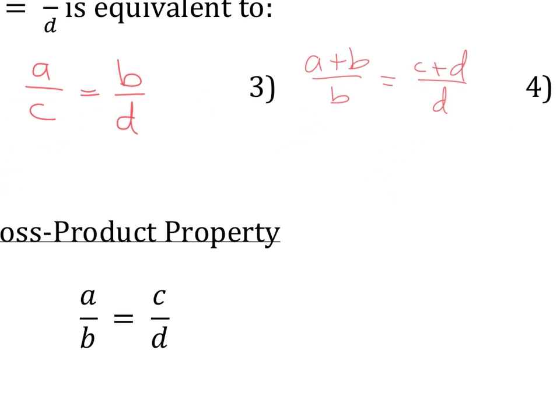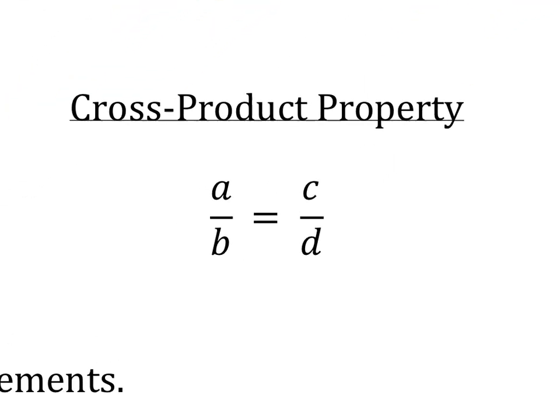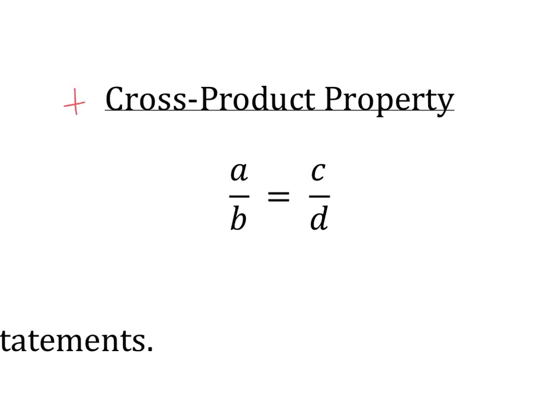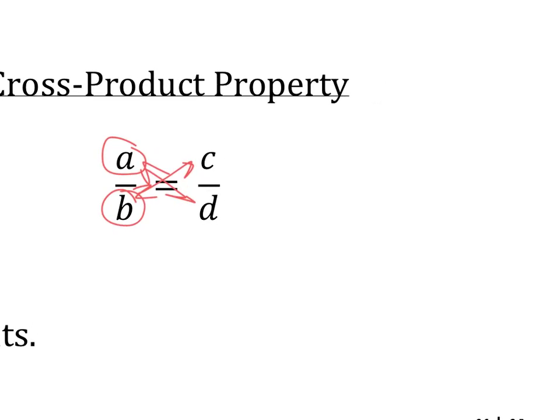And the last one, that fourth one, is actually this down here, and it's something called the cross product property. You've probably already worked with it before, and that's a big property that we're going to use a lot in the next couple units, and that is this. I can multiply across my equal sign diagonally so that those fractions become this equation: a times d is equal to b times c.